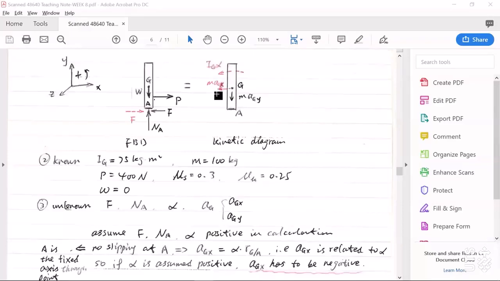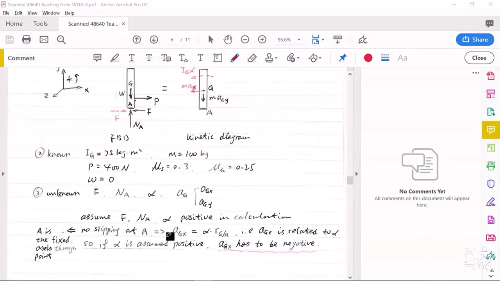Why? You can see A is the rotation center. At this instant, this rod is in its vertical position. So here, aGx is actually equal to aGt, the tangential component of aG, and aGy is actually equal to aGn, the normal component of aG.